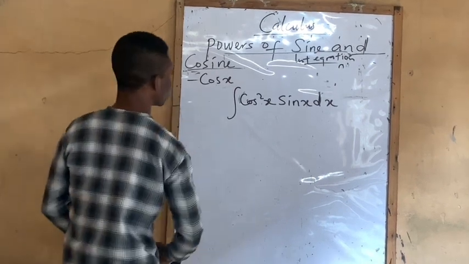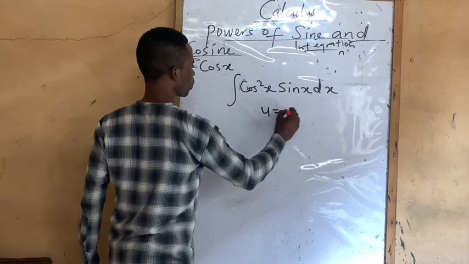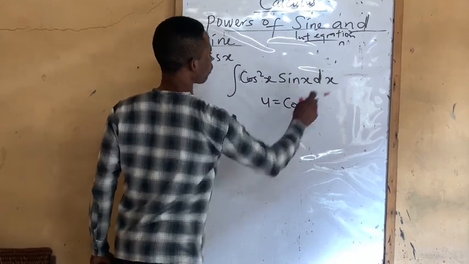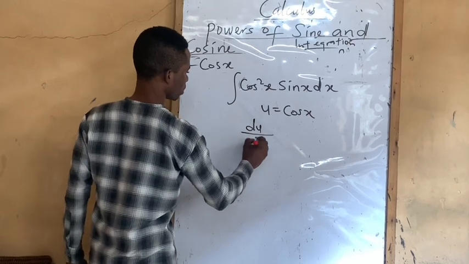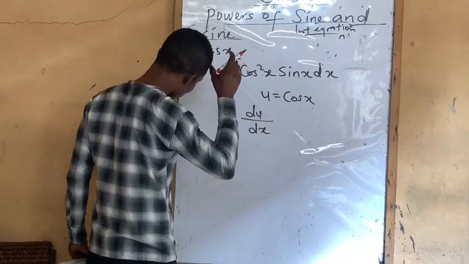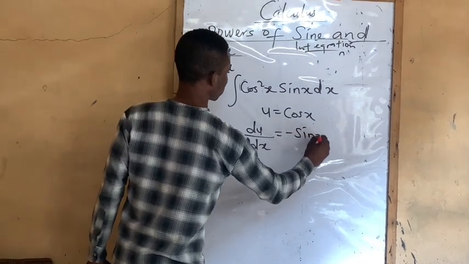That means we represent this one by u. U equals cos x, for us to look for our dx. We now find du/dx. What is the differentiation of cos x? That is minus sine x.